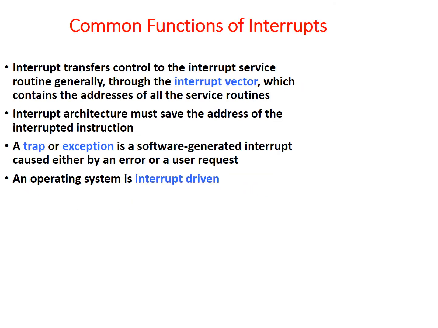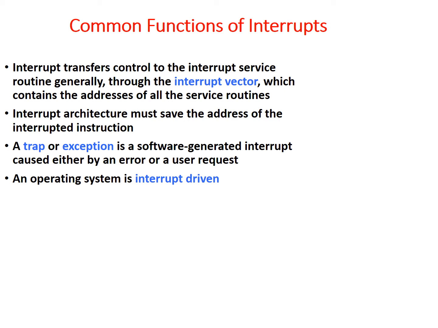Common functions of interrupts: an interrupt transfers control to the interrupt service routine, generally through the interrupt vector, which contains the addresses of all the service routines. The interrupt architecture must save the address of the interrupted instruction.